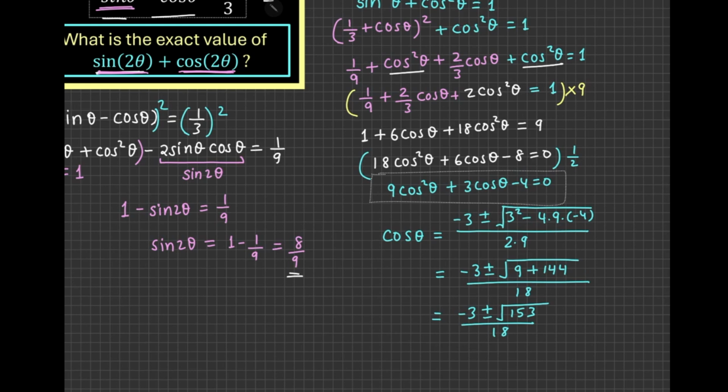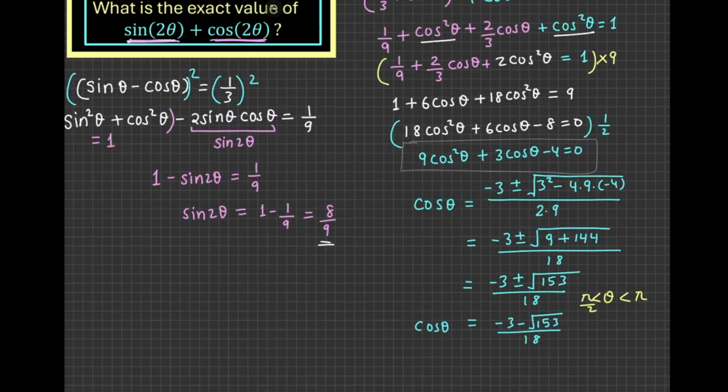Now we know that theta is in the second quadrant. That means cosine theta is negative. Minus 3 minus square root of 153 divided by 18. This is the value of cosine theta. Now to solve for cosine 2 theta, we're going to use this identity: cosine 2 theta equals 2 cosine squared theta minus 1.